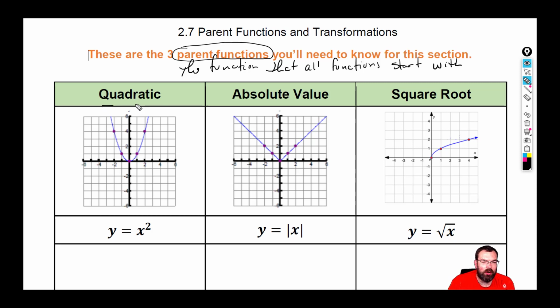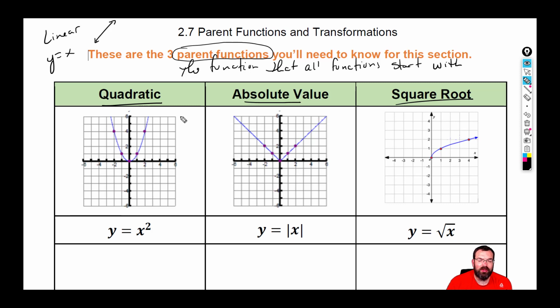We have quadratic, we have absolute value, we have square root, and remember from Algebra 1, even in junior high when you started graphing, we talked about this thing called a linear function, which was a straight line. The basic function of linear was y equals x. So we have these parent functions for every single function that we possibly have.